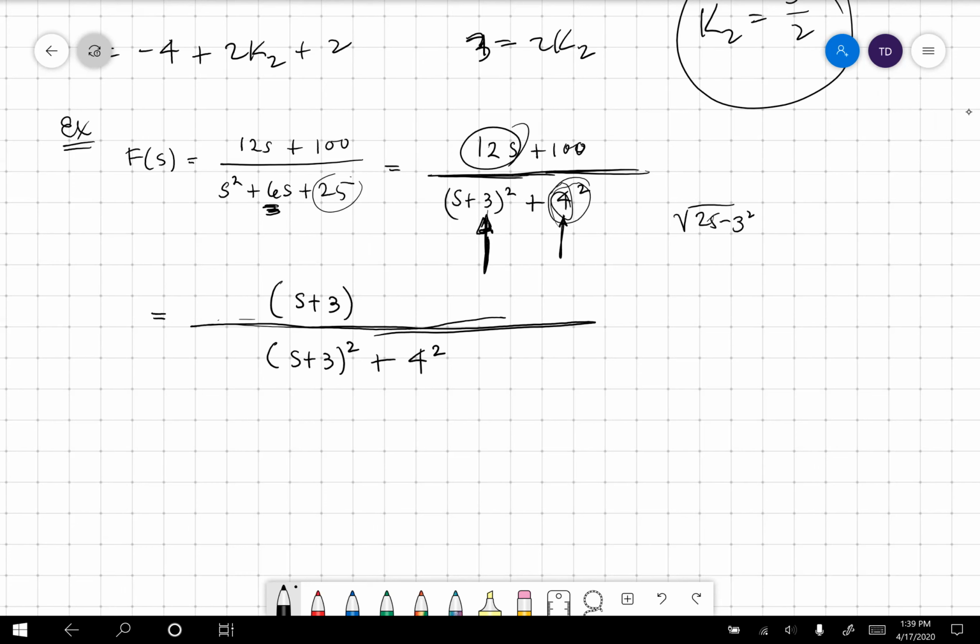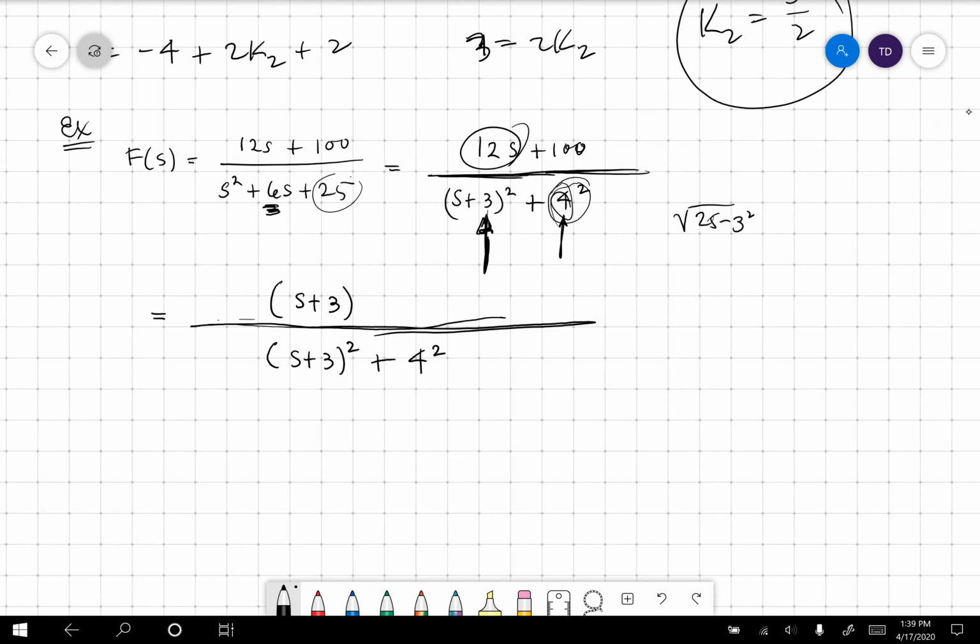But I don't want the number 64 here. I want the number 4 there. So this is 12 times s plus 3, plus 4. Now 64 is what times 4? 16 times 4, over s plus 3 squared plus 4 squared.